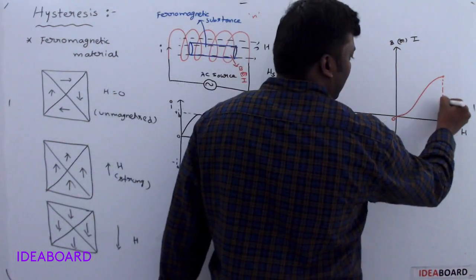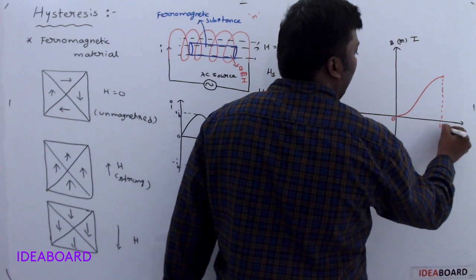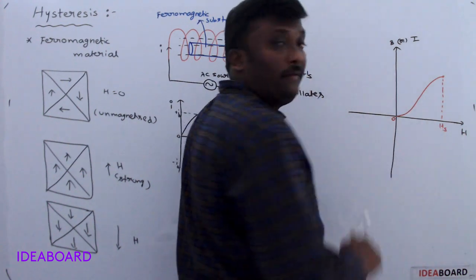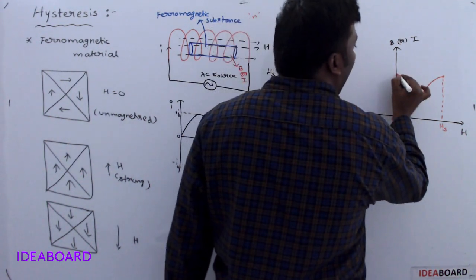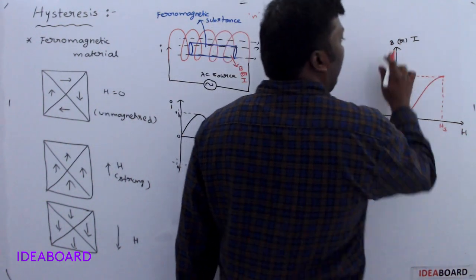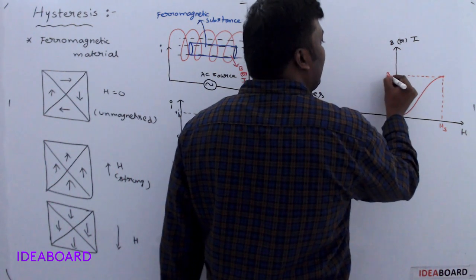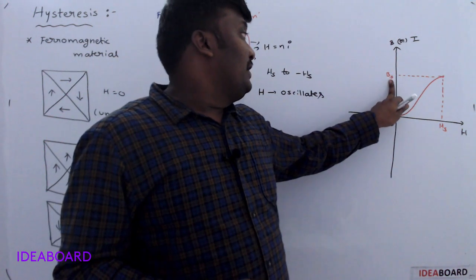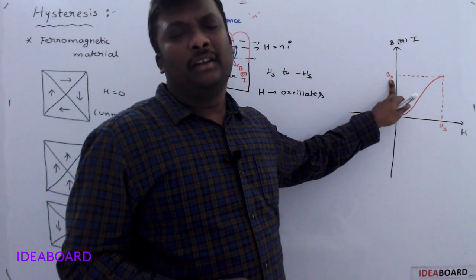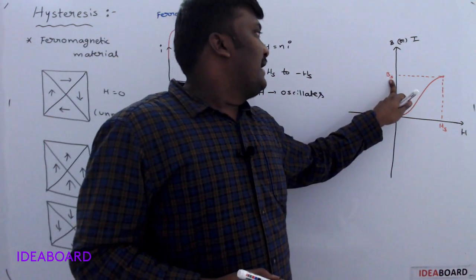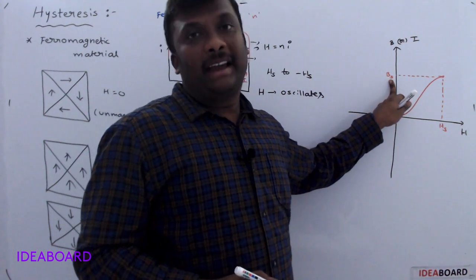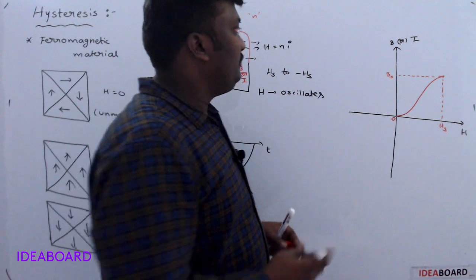So this is called Hs, the saturation magnetizing field, and the corresponding value of B is called Bs, the saturation magnetization. Understand?